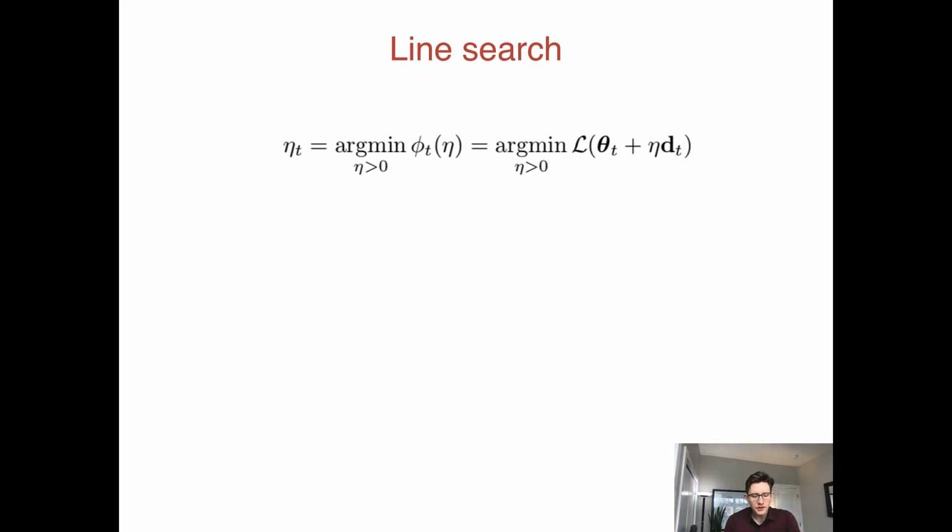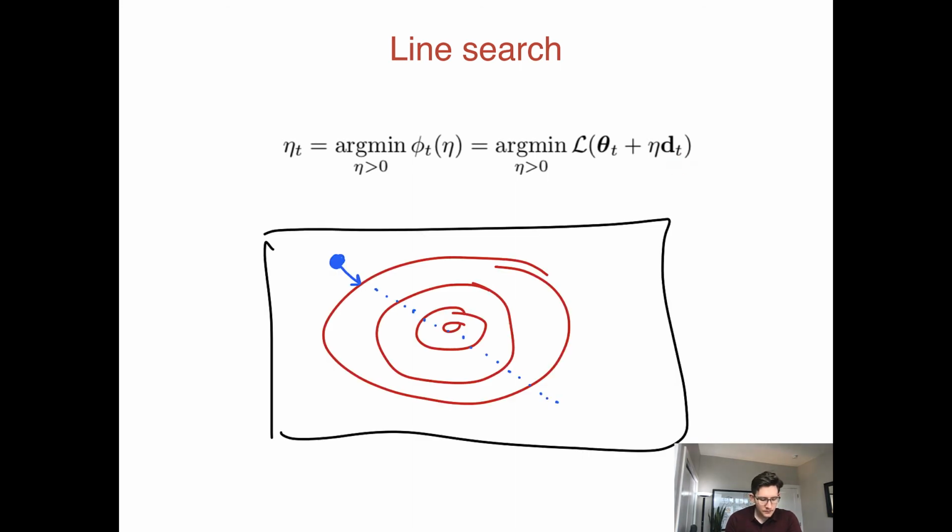So another option is to ask, maybe let's just try to find whatever value of the step size that minimizes this function, now having chosen a specific descent direction. So that looks something like this.